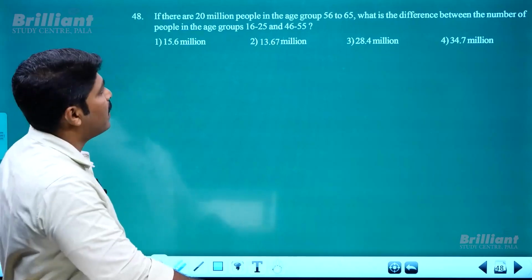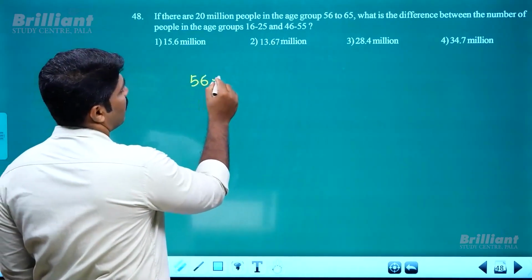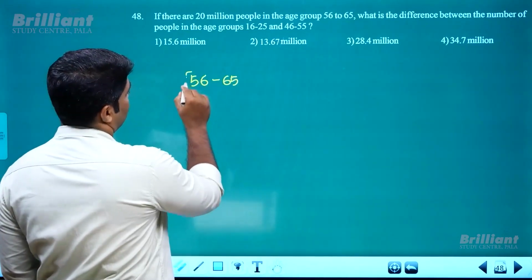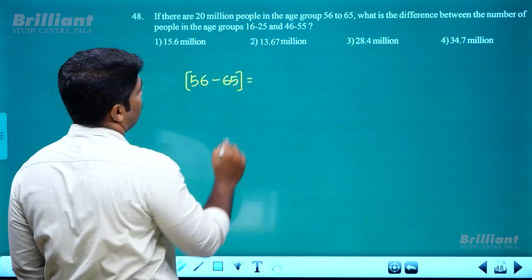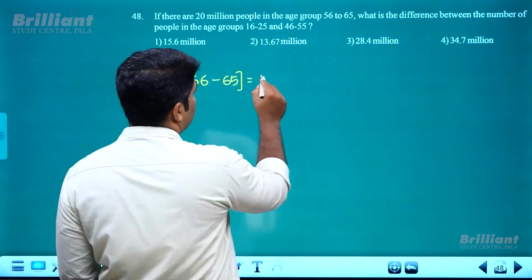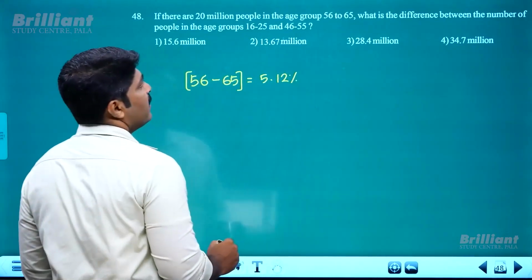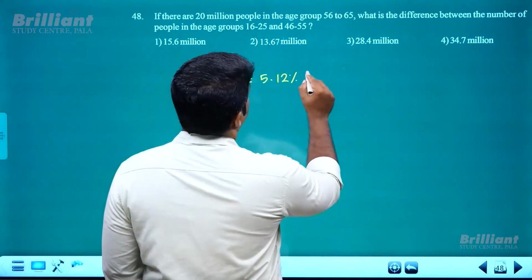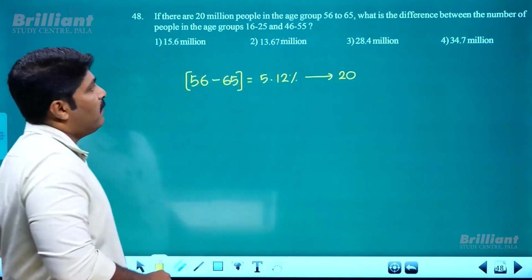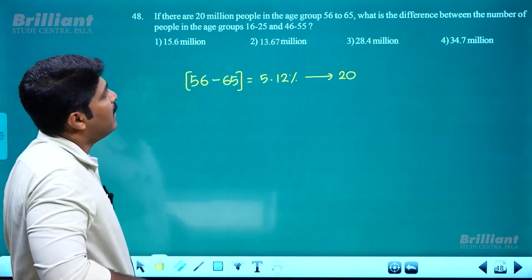First of all, we have to consider the distribution of people in the age group 56 to 65. What was the percentage? From the basic data, you have to consider that as 5.12%. It is given that this number is 20 million.